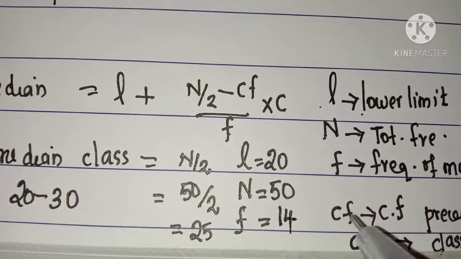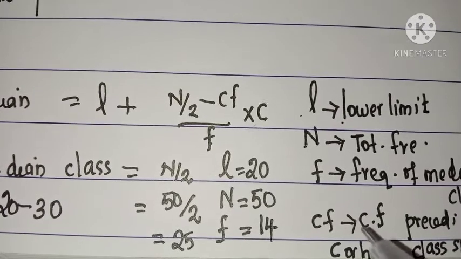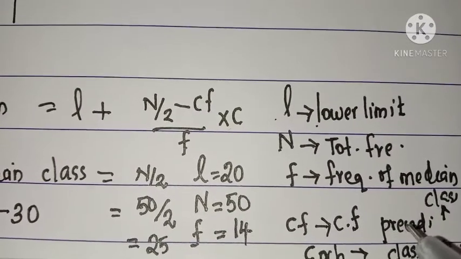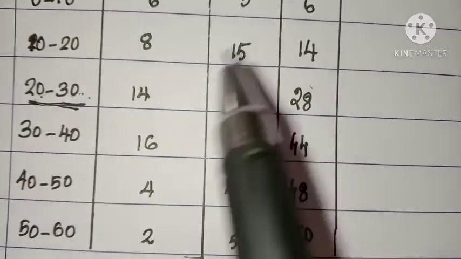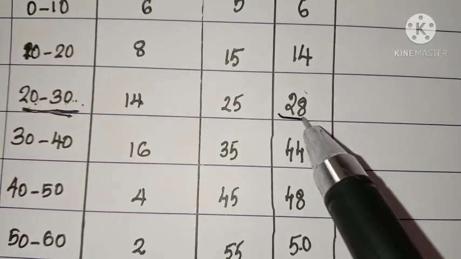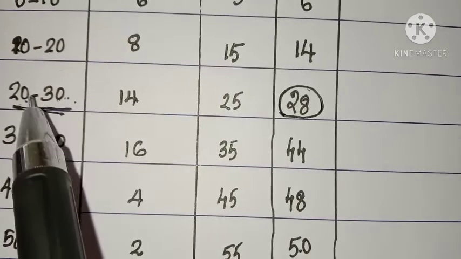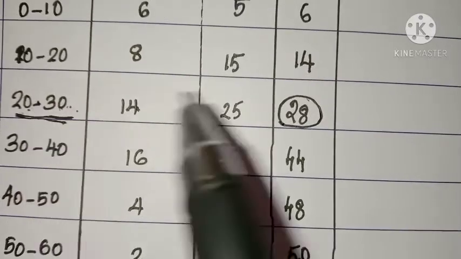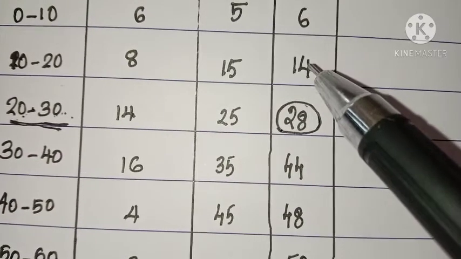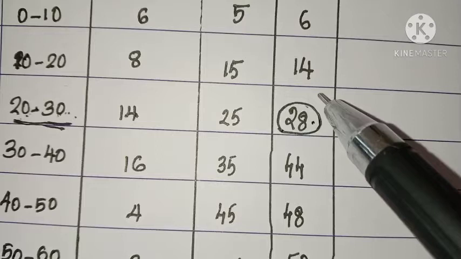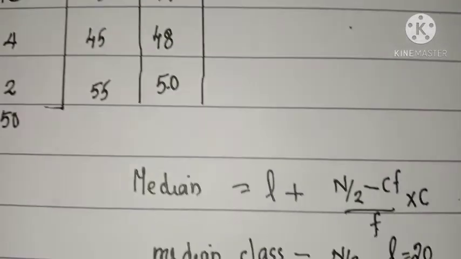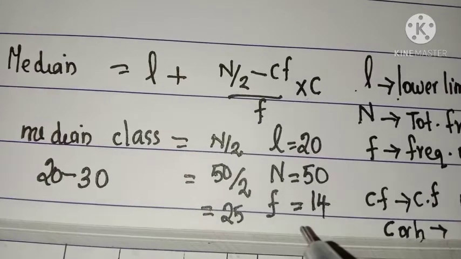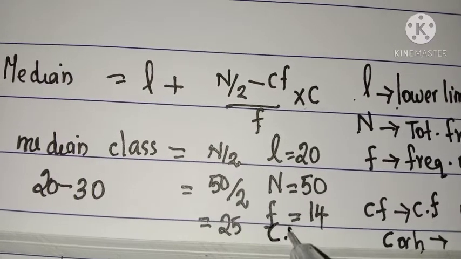Now CF, cumulative frequency. Consider the cumulative frequency just preceding the median class. Listen, our median class is 20 to 30. This 28 corresponds to this median class. So consider the cumulative frequency just preceding this cumulative frequency, that is 14.